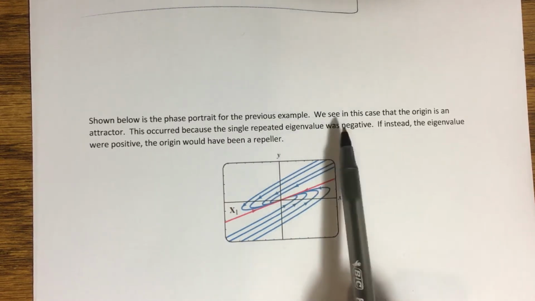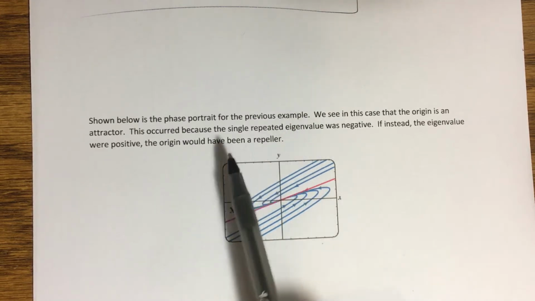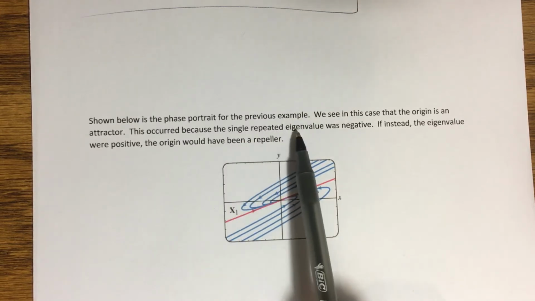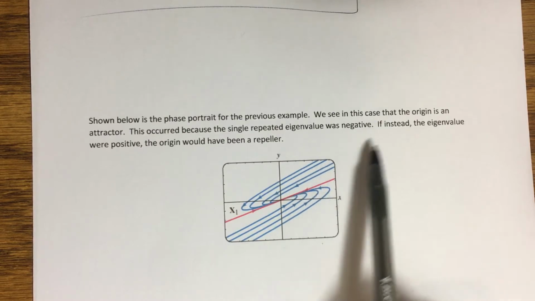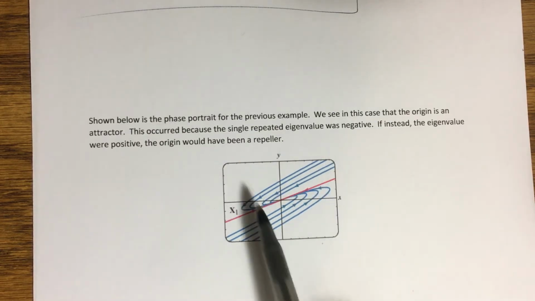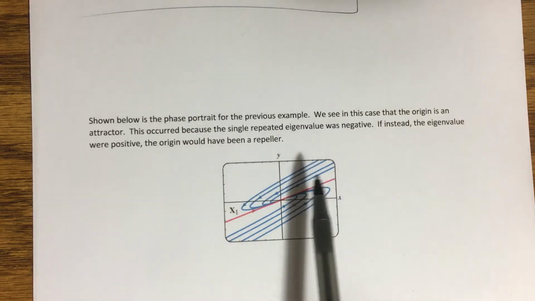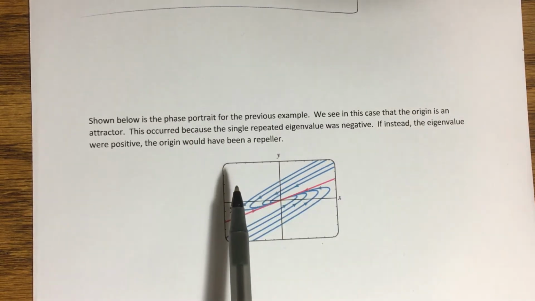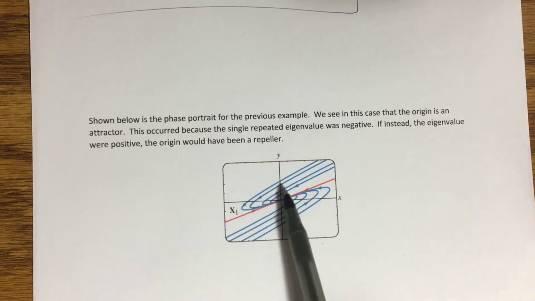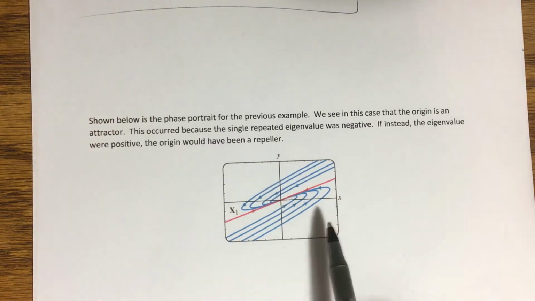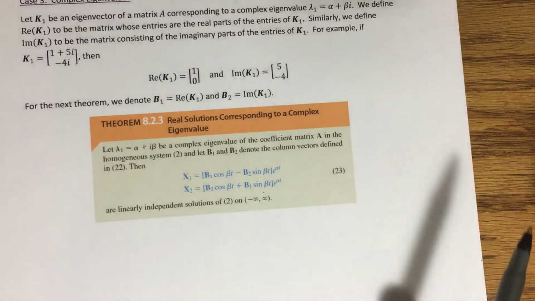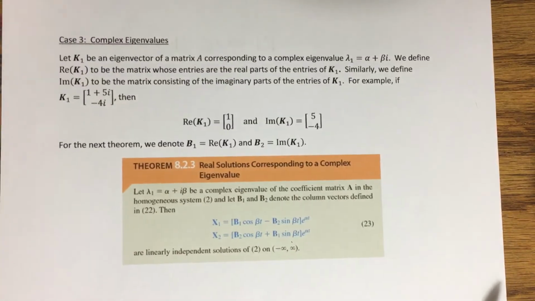So when a single repeated eigenvalue is negative, the origin becomes an attractor. Alternatively, if the single repeated eigenvalue is positive, then the origin would be a repeller, okay? We're not walking through a lengthy argument as to why that is, just making a note of it.